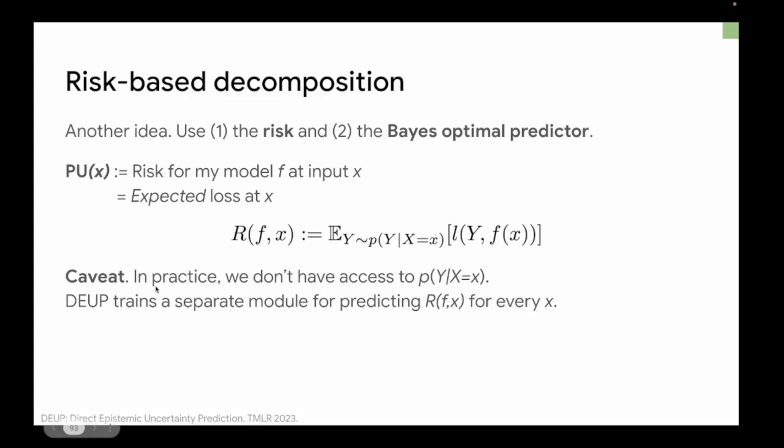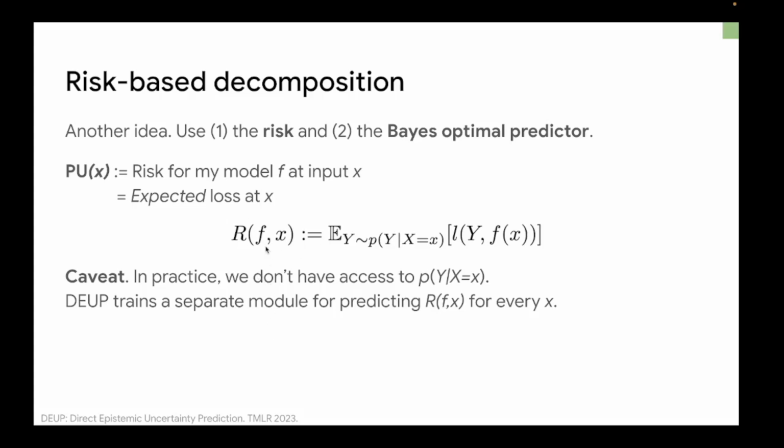There's a big caveat. In practice, we don't have access to P of y given x, right? So in practice, if we wish to compute the value of PU of x, then we need y in the first place. Then why do we measure the uncertainty in the first place? Because we do not have the answer. If we have the answer to the problem, then we don't need to do this complex computation of uncertainties and so on.